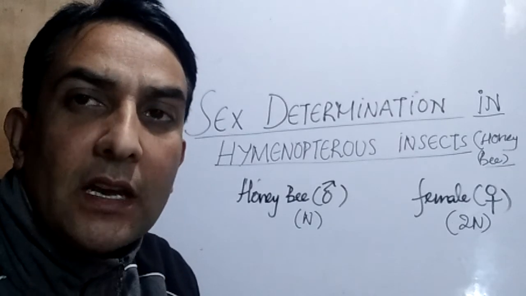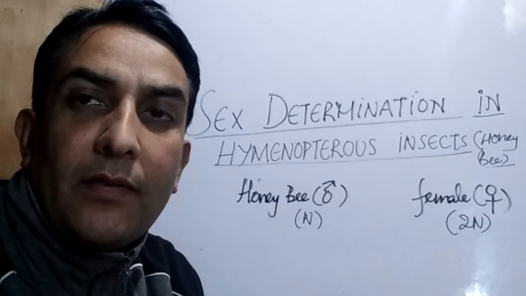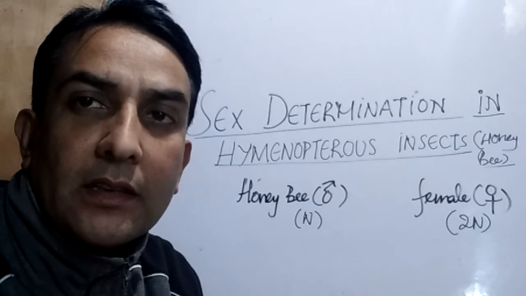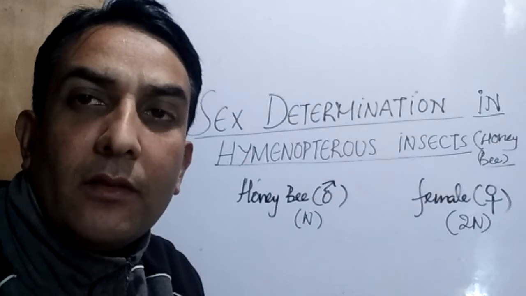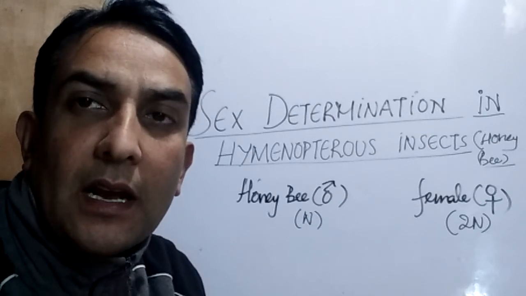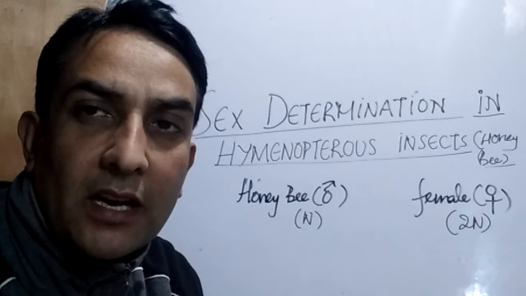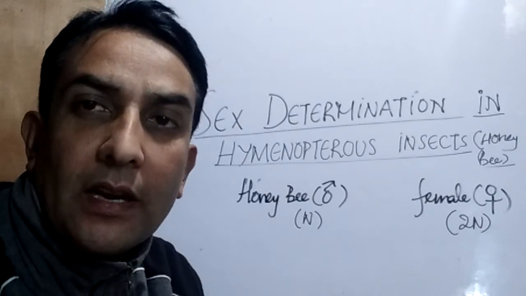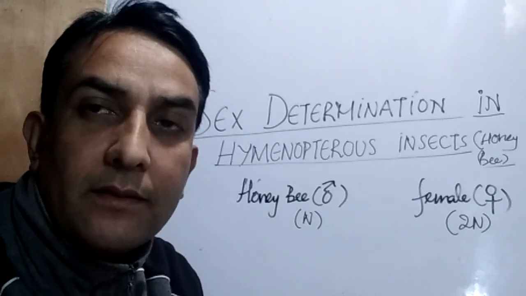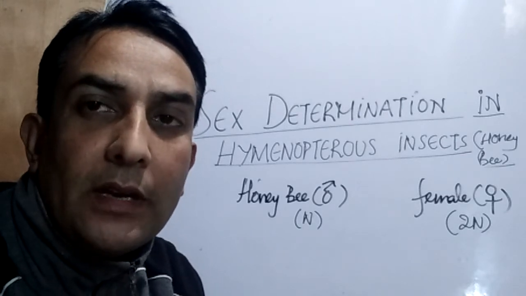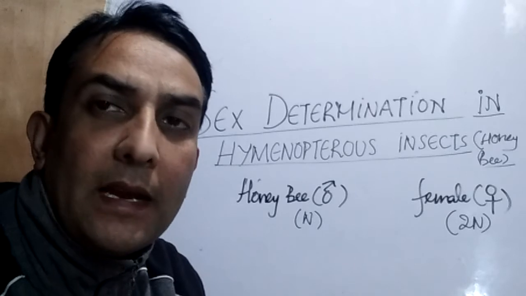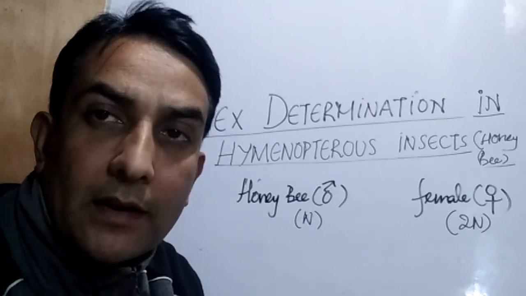And the females are of different classes, divided into different castes. There are worker bees, which are sterile females, but they are also diploid. And there is a single queen in a colony, which is the only fertile female in the colony, and that too is diploid. So again, the males are haploid and the females are diploid.